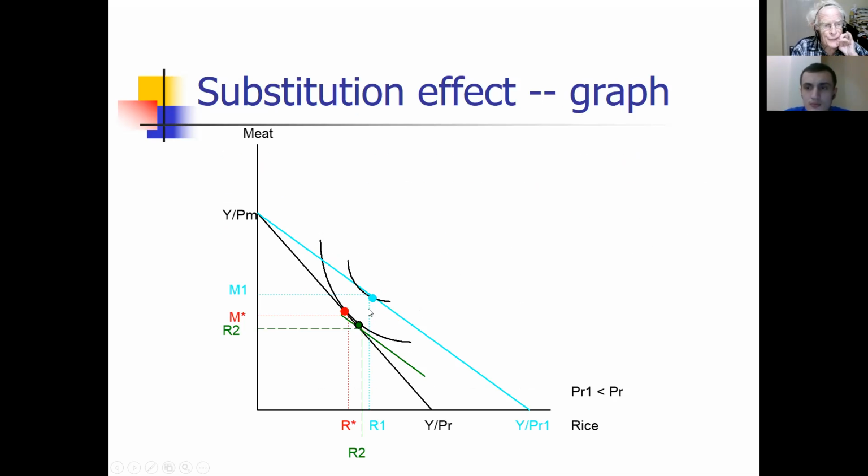So there is the substitution effect from the red point up to the green point here.